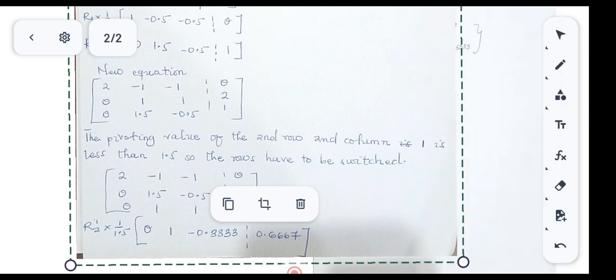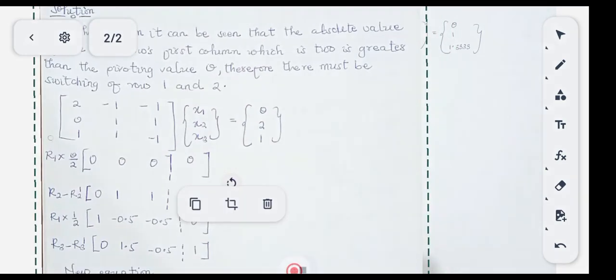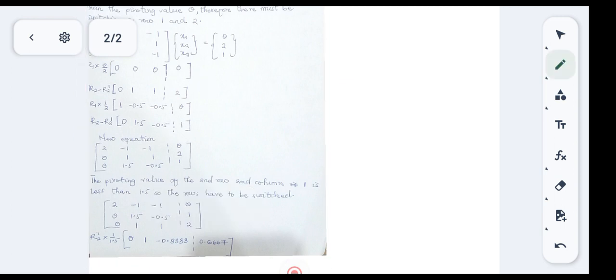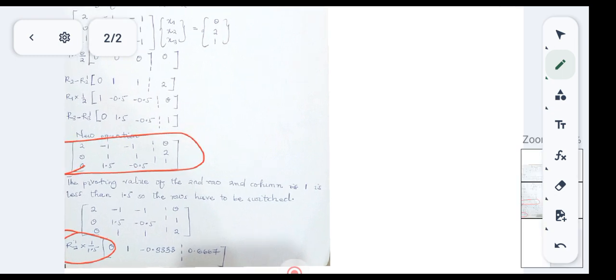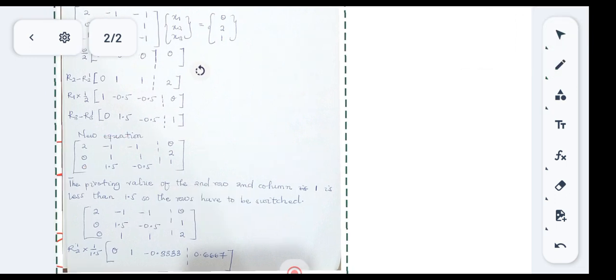But before you multiply row 2 by 1 over 1.5, you see, when you have this new equation, now we are done with the first forward elimination. We are now coming to do the second forward elimination, right?